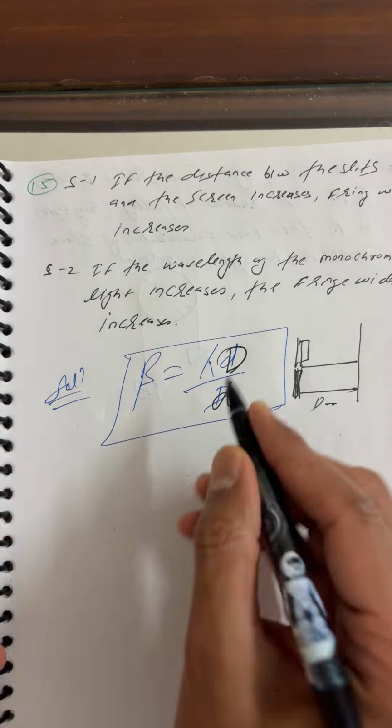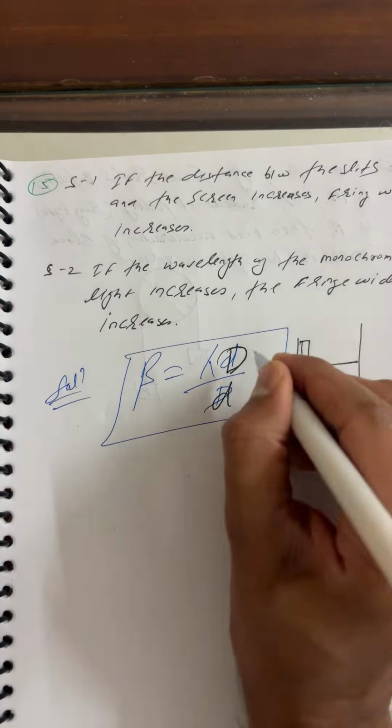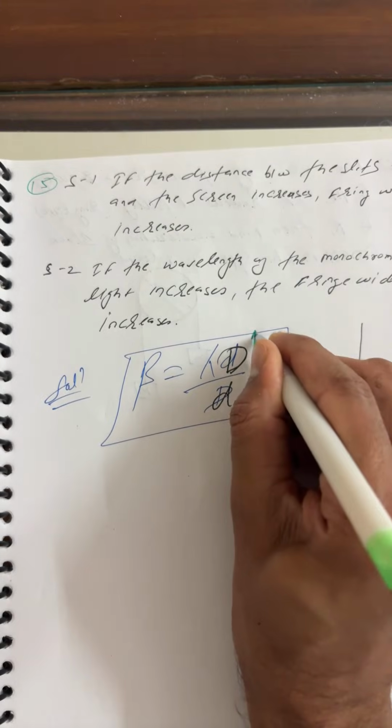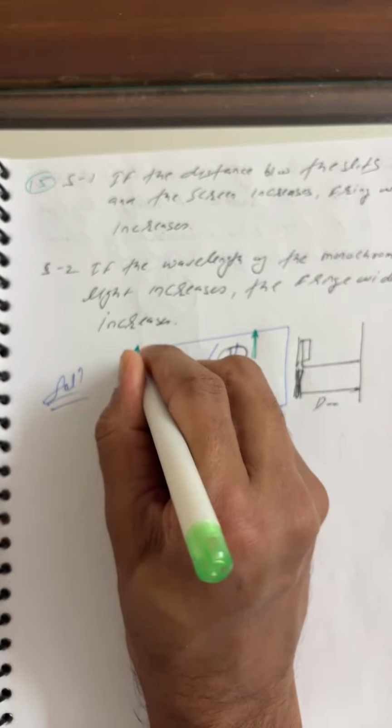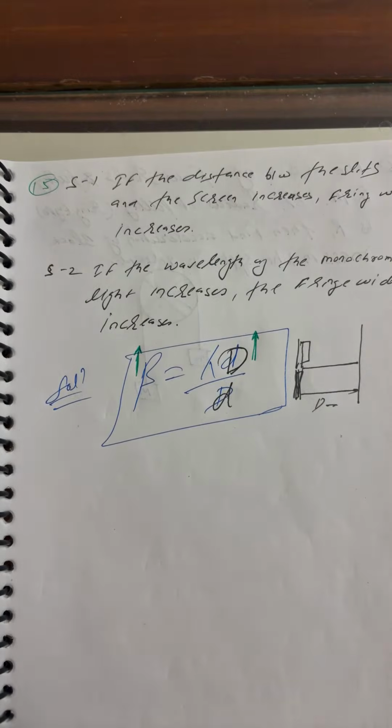If D increases, correct, student? If you are increasing D, beta also will increase. So option first, statement one, is correct.